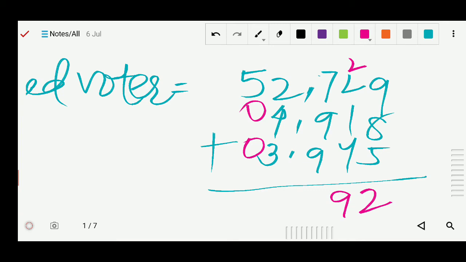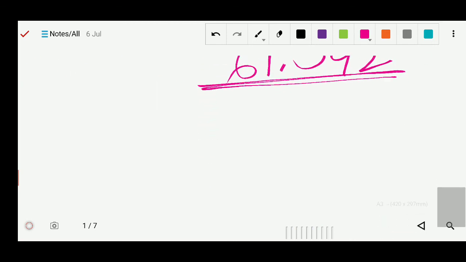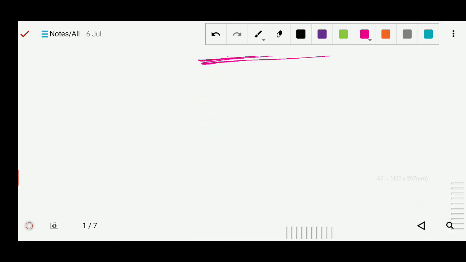Write 5, carry 2 here. 2 plus 4 is 6, plus 4 is 8, plus 3 is 11, carry 1 again, 5 plus 1, that is 6. So how many total registered voters are there? 61,592. Got it?